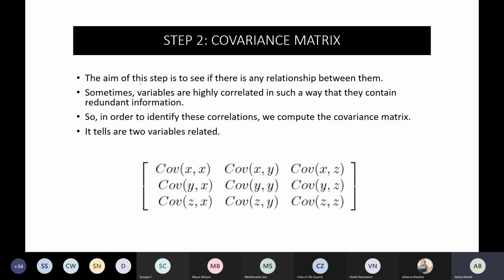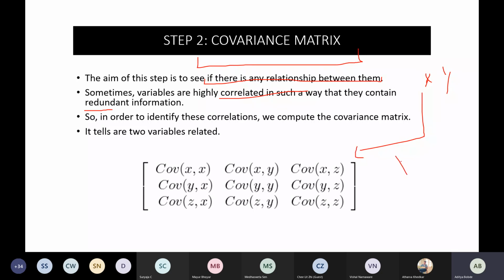The second step is called the covariance matrix. Okay. So as I already told you, the aim of the covariance is to see if there is any relationship between the x and the y variable in our case. Sometimes they are highly correlated and they contain information. And to compute the covariance, we generally use a covariance matrix.